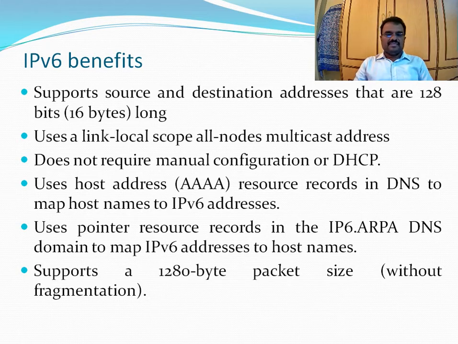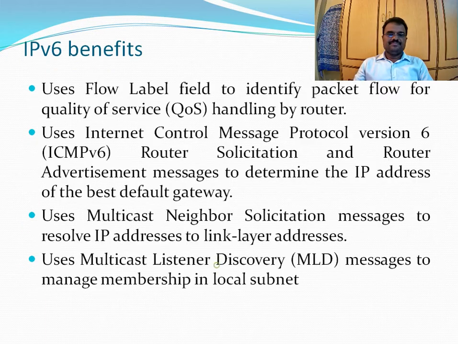It uses host address AAAA resource records in DNS to map host names to IPv6 addresses. It uses pointer resource records in the IP6.ARPA DNS domain to map IPv6 addresses to host names, and IPv6 supports a 1280 byte packet size without fragmentation.